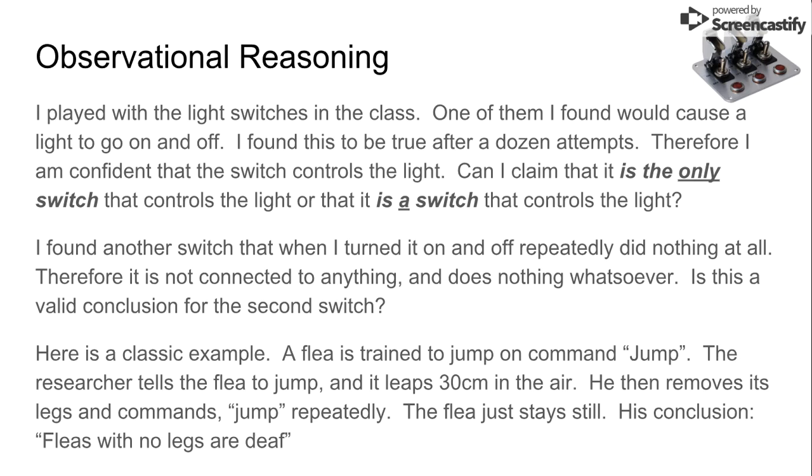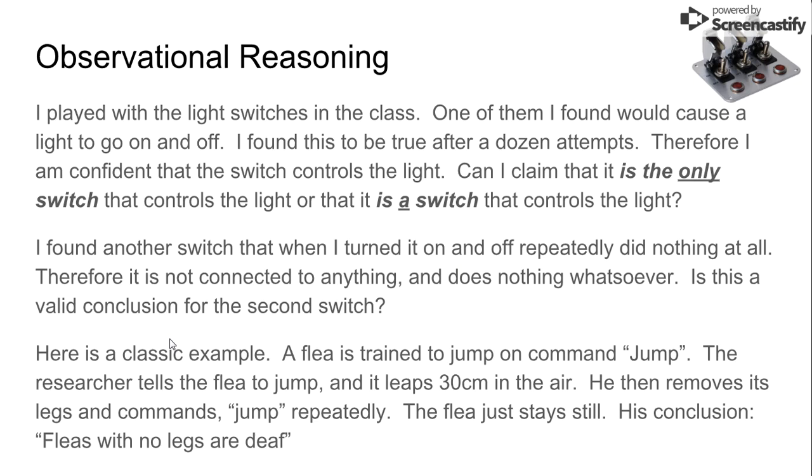Now, what if I find another switch and it seems to do nothing whatsoever? Can I now say this other switch is connected to nothing? Which one of these is harder to prove? That it is the only switch, or that switch does nothing whatsoever?